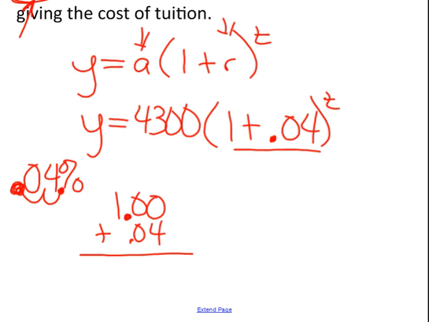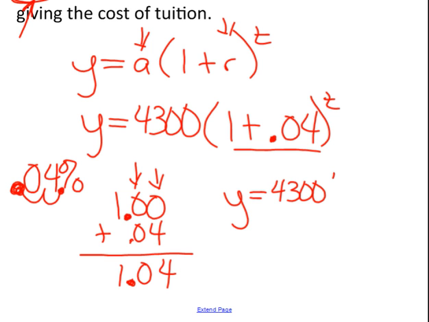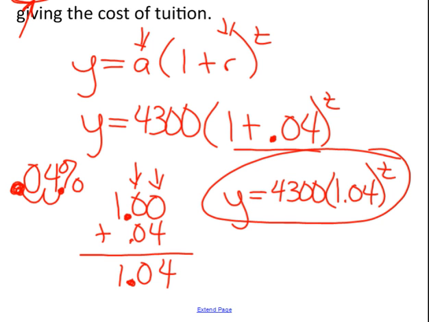So I'm going to write that as 1.00, and I'm going to add 0.04. If I add this, I've got 4. I add this, I get 0. Drop the decimal place, 1. So my final answer, y is equal to 4,300 times 1.04 raised to the t, and that is your answer.